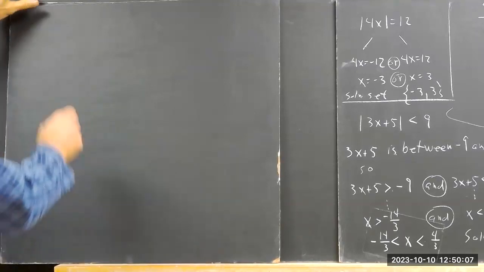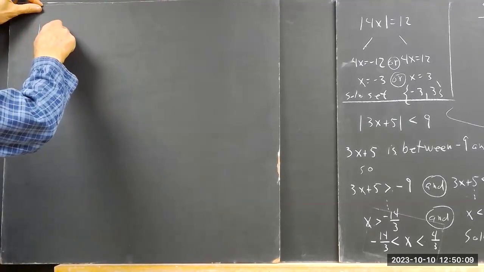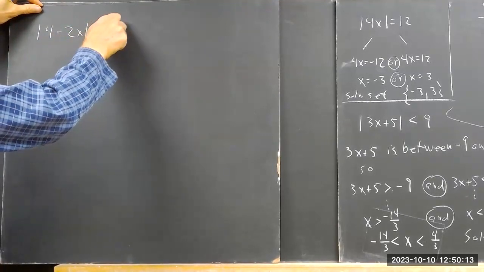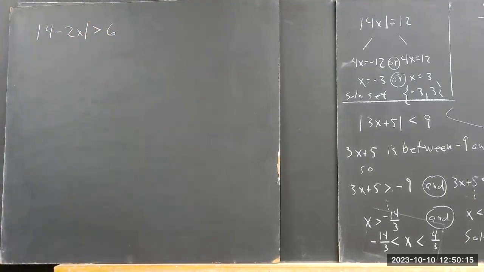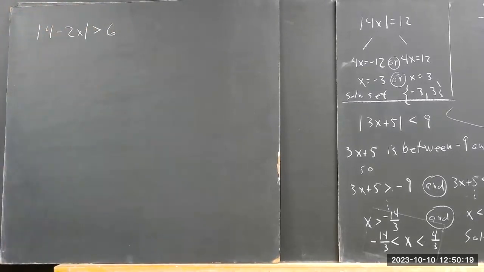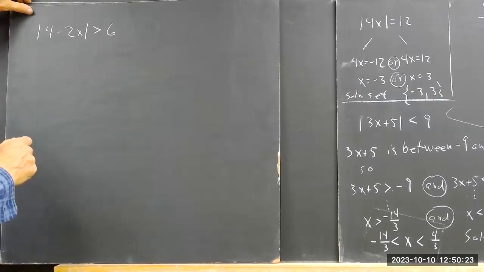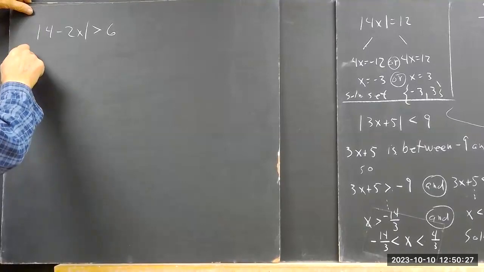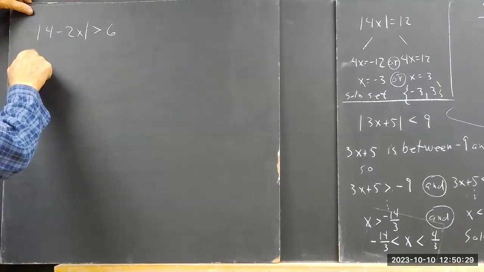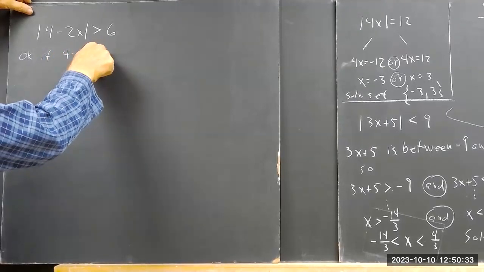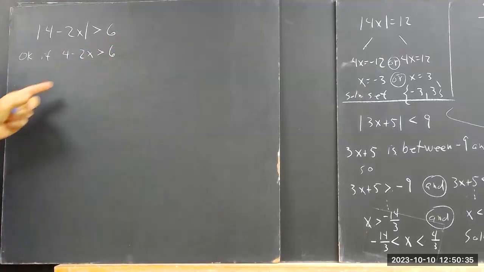Now the last one, and we really have to be careful of the logic and several details here. What does it mean for the absolute value of a number to be greater than 6? Well, this means 4 minus 2x is greater than 6.